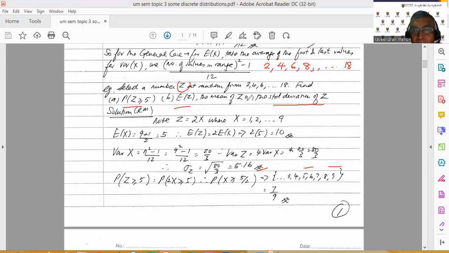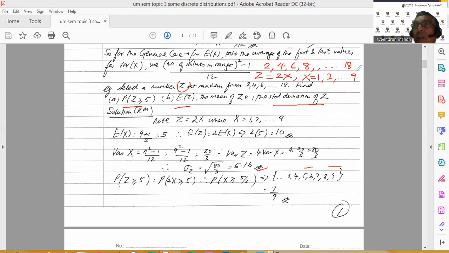So what we can do is write Z as equal to 2x. Maybe x will go from 1, 2, right up to 9.